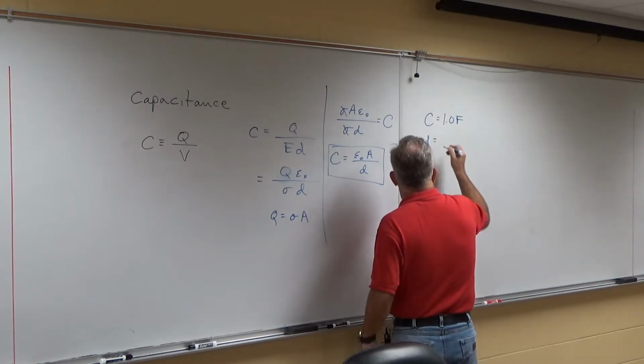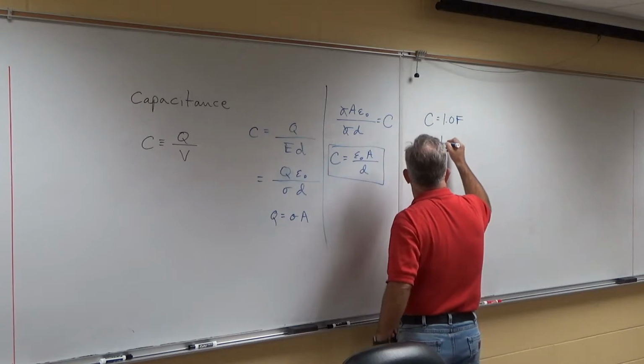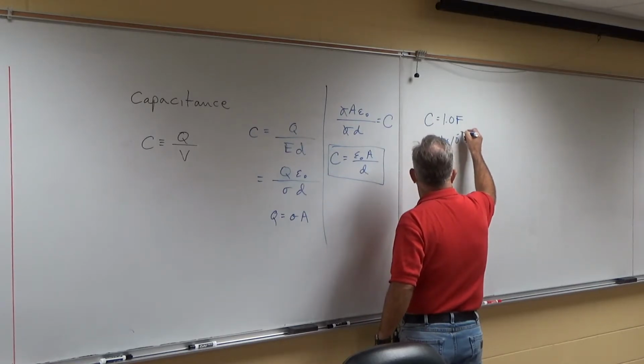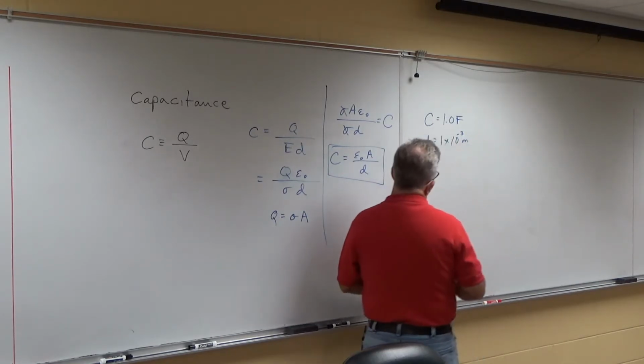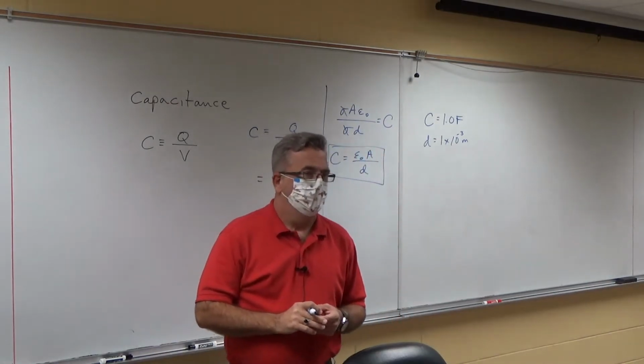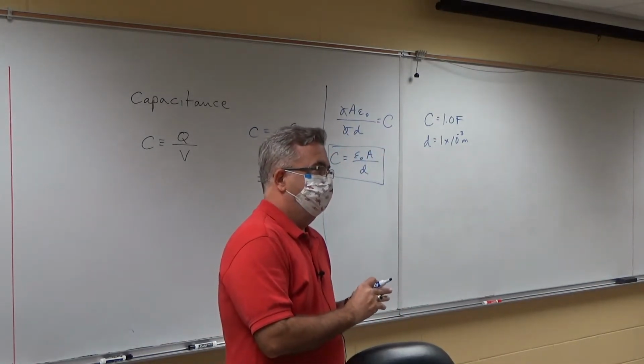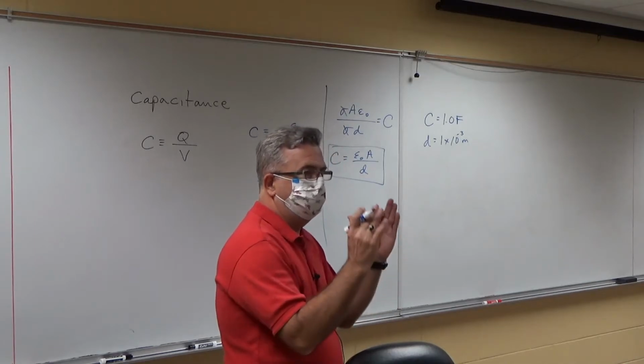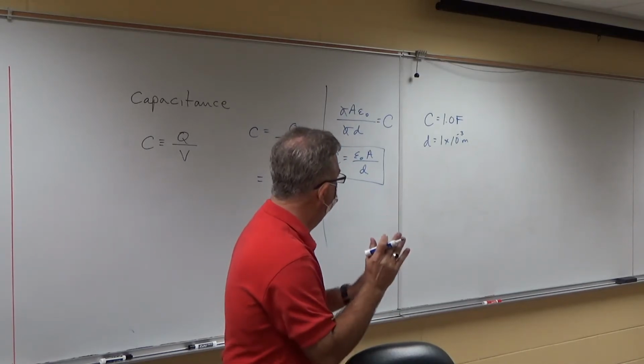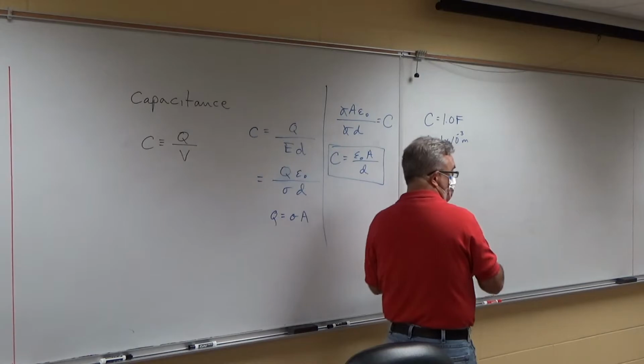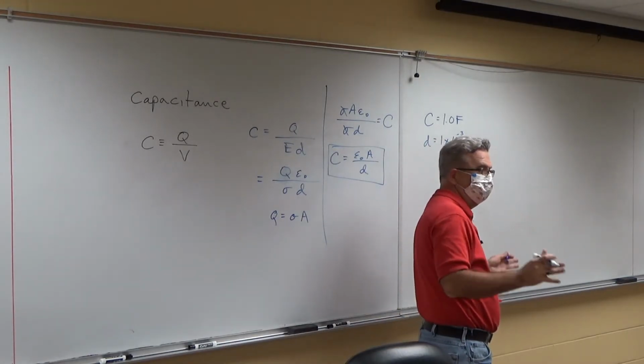I'll have the plates pretty close together. I'm going to make them a millimeter apart. So I want a 1 farad capacitor, the plates are a millimeter apart, and I need to know how much area I need to build my cap.